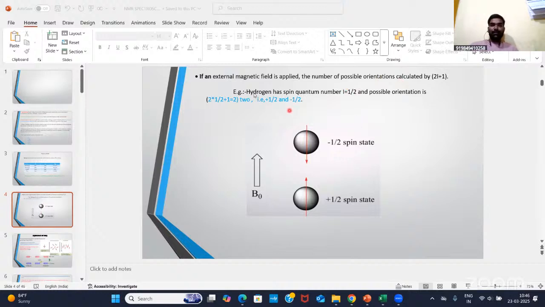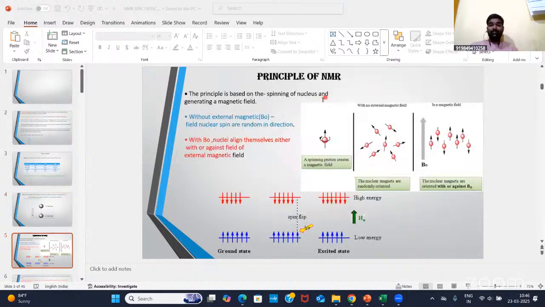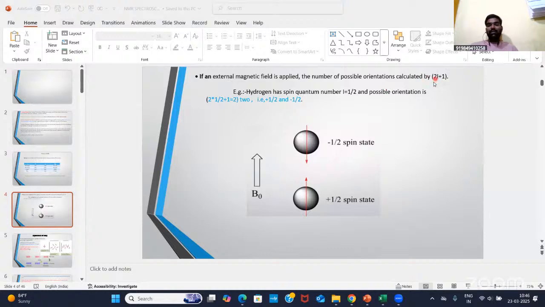He has taken the hydrogen example here, I equal to half, and the possible orientations are 2, plus half and minus half. If the magnetic field is applied in this direction, one state is the plus half spin state and another is the minus half spin state. We can find the orientations using the formula 2I plus 1.